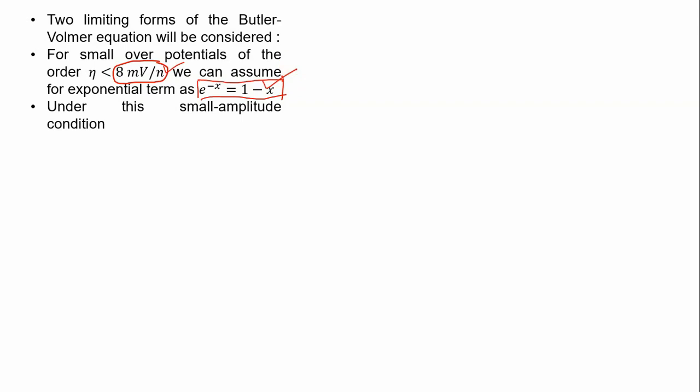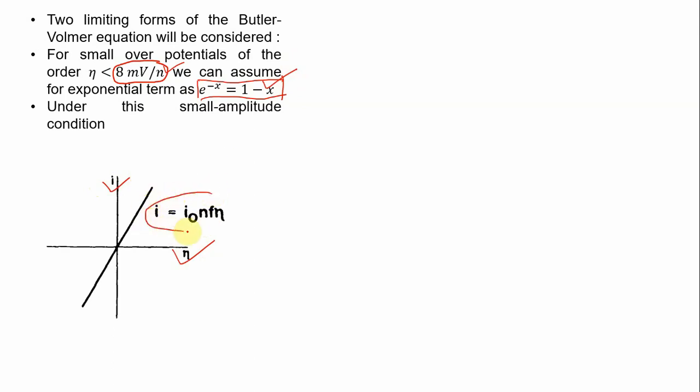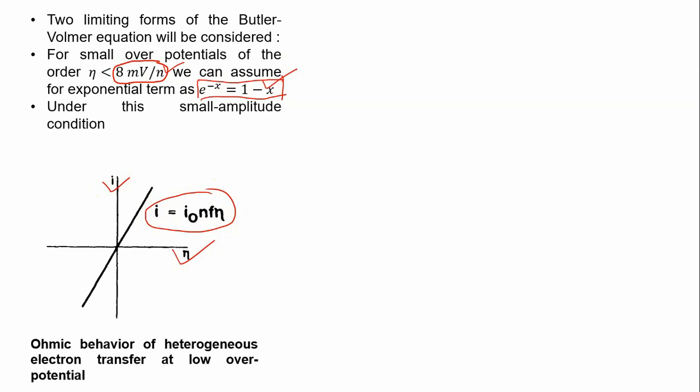So under small amplitude we have a certain plot over here, that is, it will give us a linear relation between the current and the overpotential, and we will get a very important term. This is the ohmic behavior of heterogeneous transfer of electron at low overpotentials.